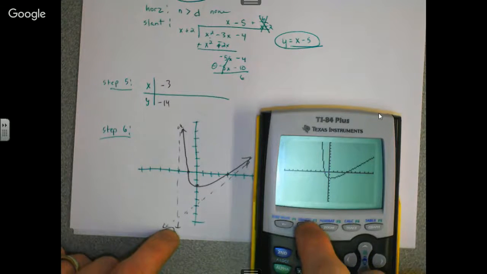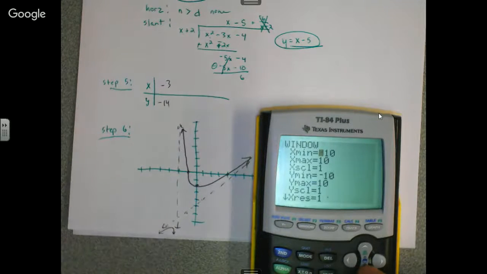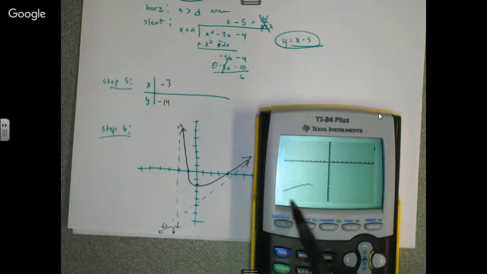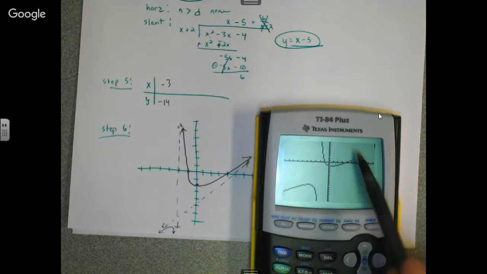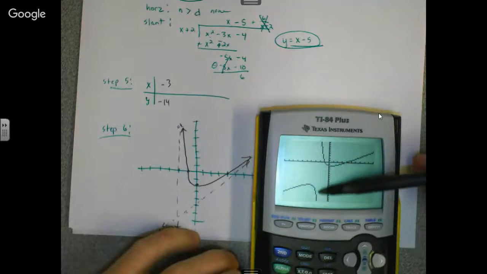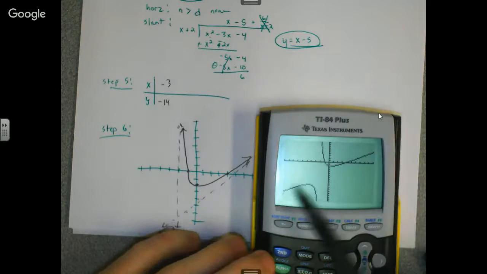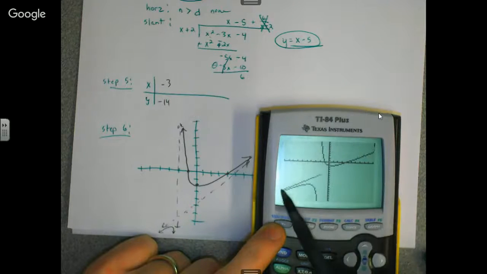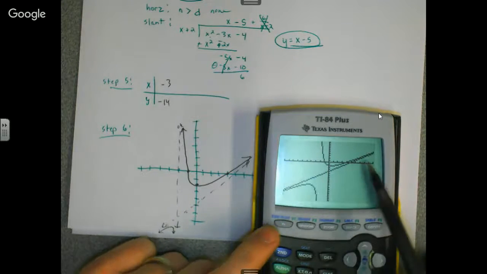So if I go to my window and maybe move this to minus 20, oh, right there it is. So there's that portion, and then there's that portion. Okay. And then you have your vertical asymptote here, which we can't really graph. I could graph the line there, x minus 5. I could graph that, and you can see my asymptote right there.